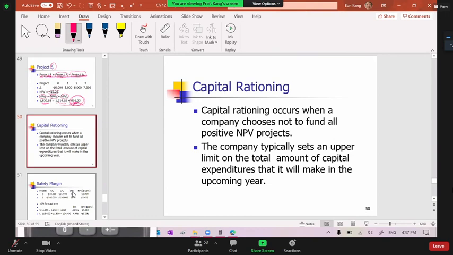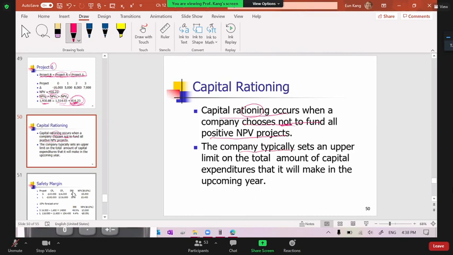So you can fund any project that has positive NPV, but that's not real life. Okay? Money is the problem, right? So capital rationing occurs when companies choose not to fund all positive NPV projects. Not to fund or not able to fund.